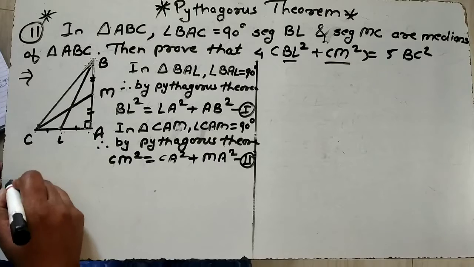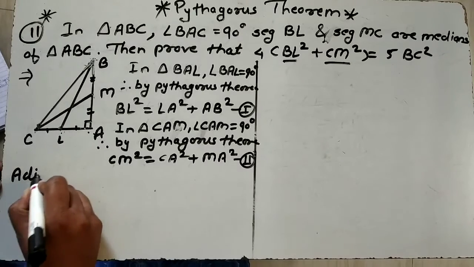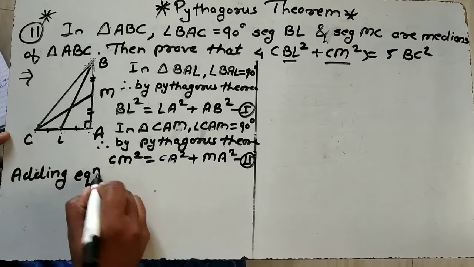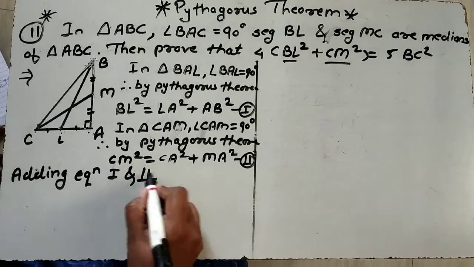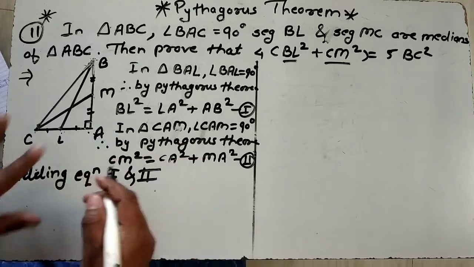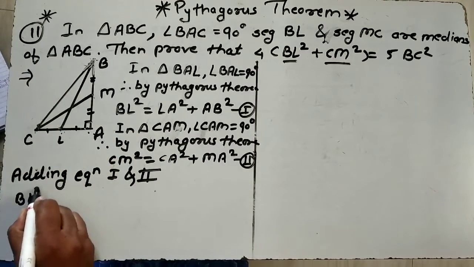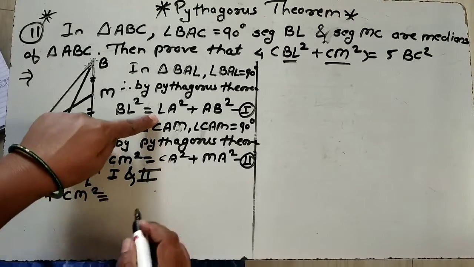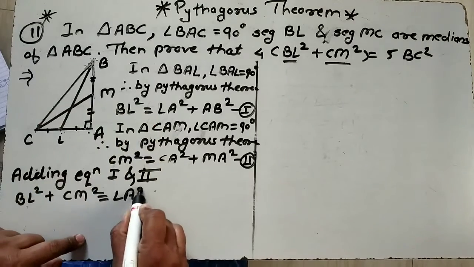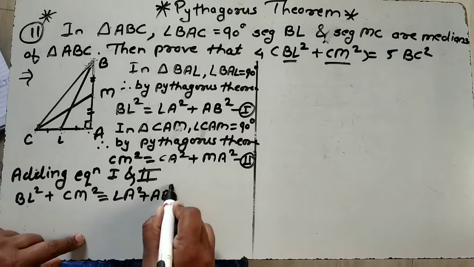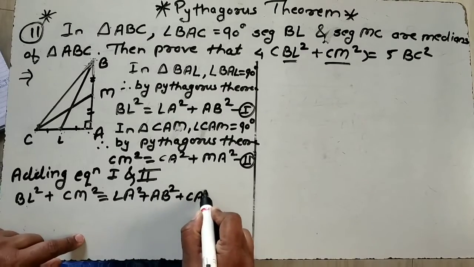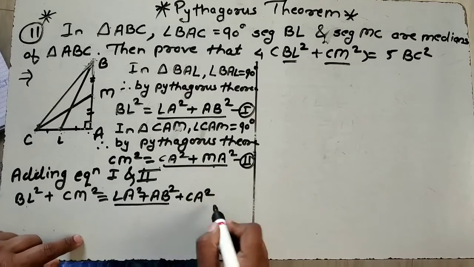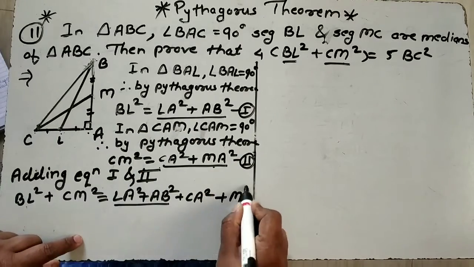Adding equations 1 and 2, we write the LHS first: BL square plus CM square is equal to, adding the RHS now, LA square plus AB square plus CA square plus MA square.